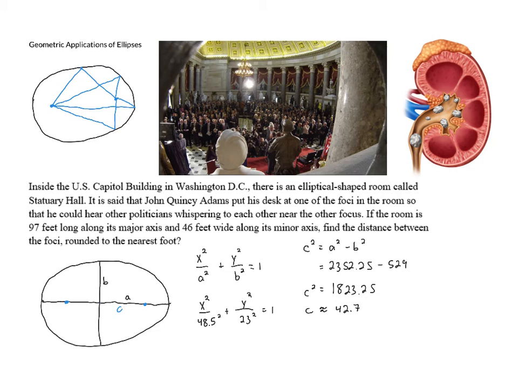So if we double this, we get the distance that we're looking for, 2c, which is approximately 85.4, and this is measured in feet. And so the distance that we're asked for between the foci, rounding to the nearest foot, is about 85 feet.